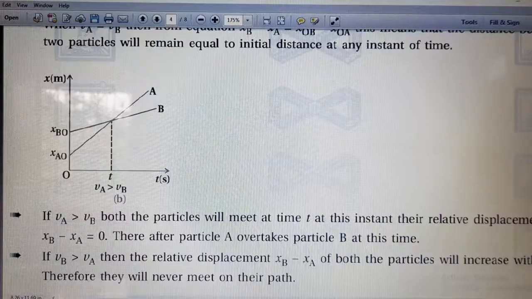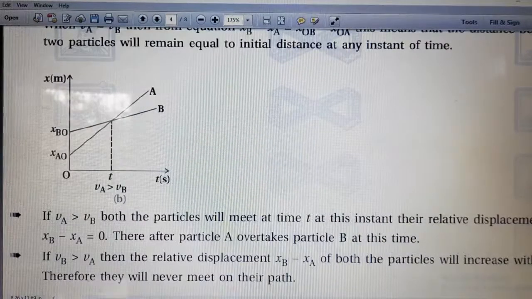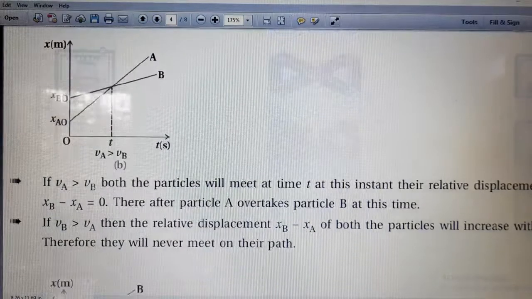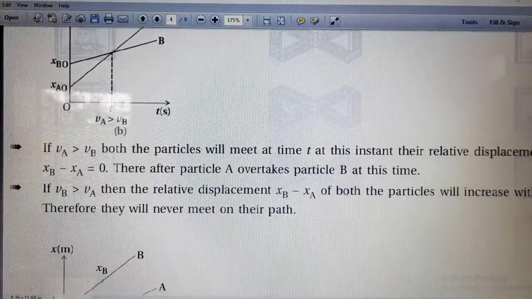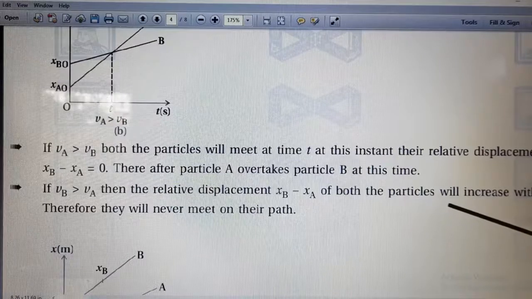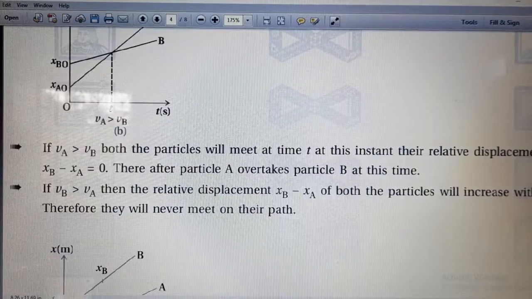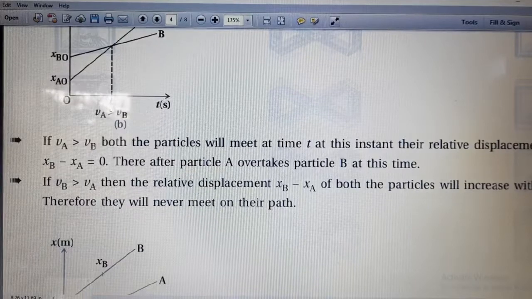Then after that, particle A overtakes particle B. So if VB is greater than VA, then the relative displacement XB minus XA of the two particles will increase with time. Therefore, they will never meet on their path.